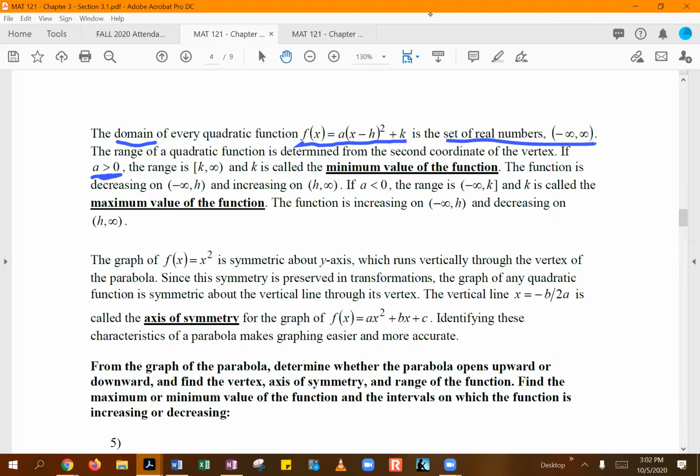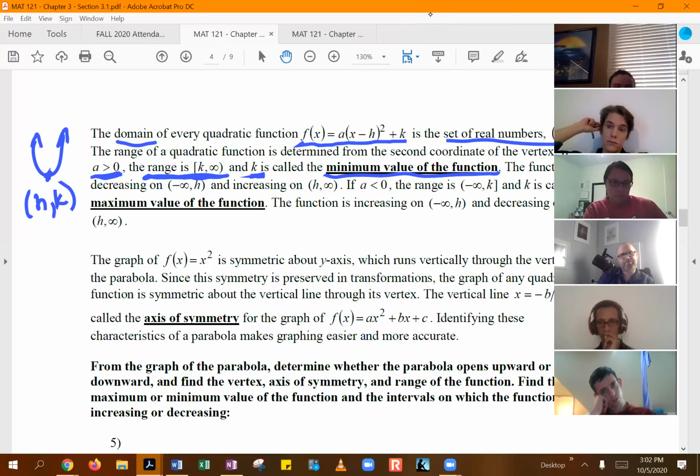So if your parabola is opening up, which means the a is a positive number, the range of our function is going to go from k to infinity, including k, because the vertex is going to be the lowest point on our parabola. So you will be going from k to positive infinity, including k, and at the same time, that k value is called the minimum value of the function, because we know our y value cannot get any smaller than whatever that k is. That's the lowest point on your graph.